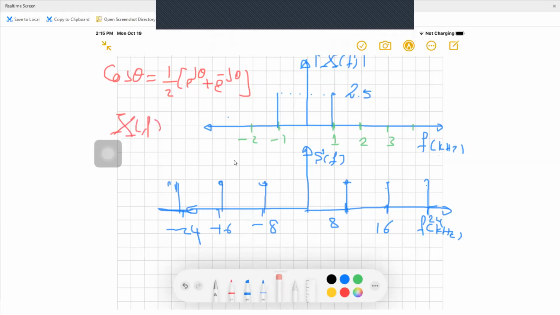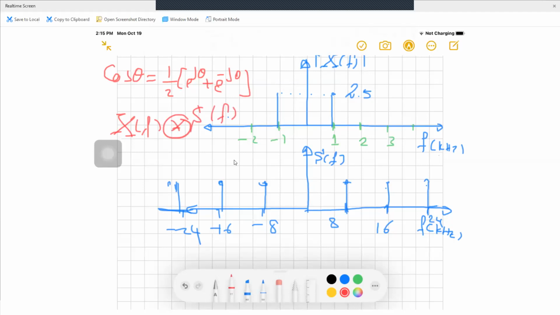Well, so the spectrum for the x of f is ready, and the spectrum for S of f again is ready.